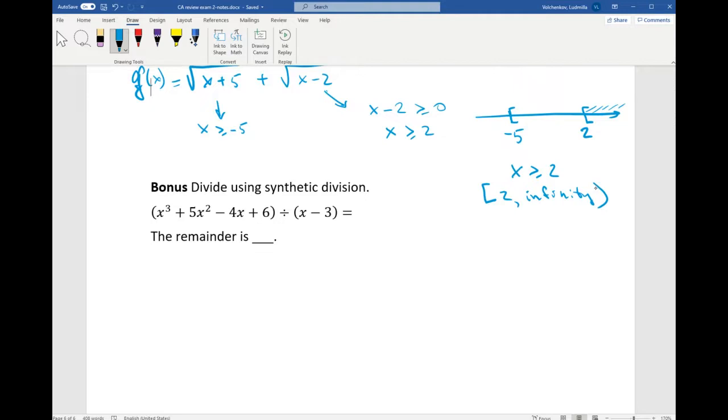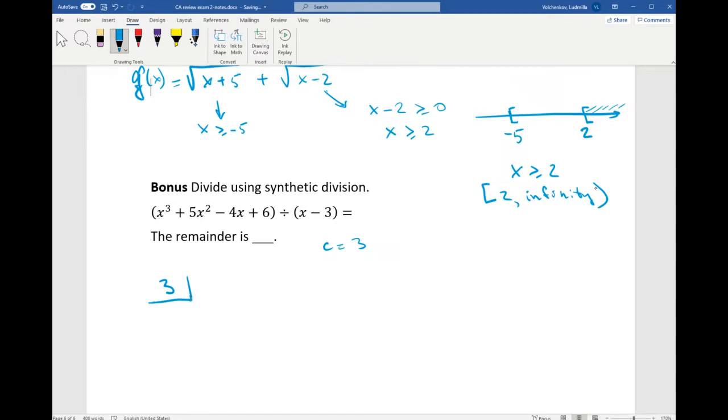It must also be done on paper, so that I see the solution. Okay. So the divisor must be in the form x minus c. So c is 3 here, so we write 3 on the left.